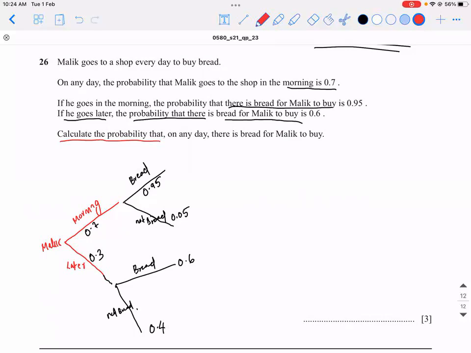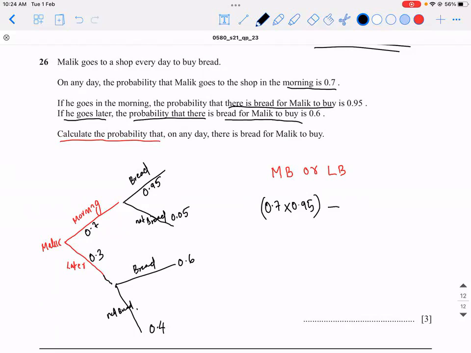So what are the possibilities? One possibility is he goes in the morning and buys bread, or he goes later and buys bread. These are the two possibilities. The probability of getting bread in the morning is 0.7 times 0.95.